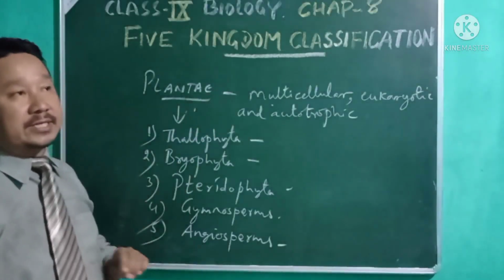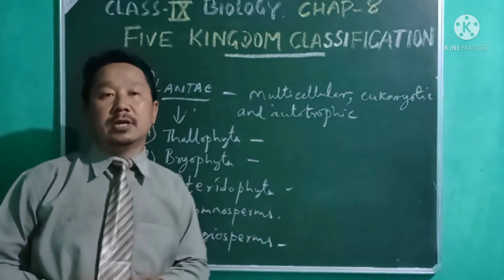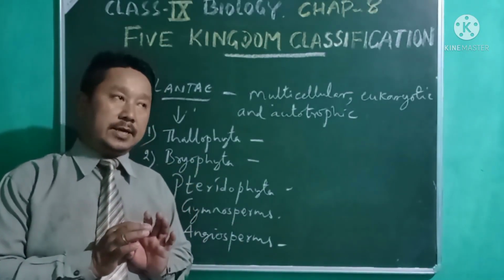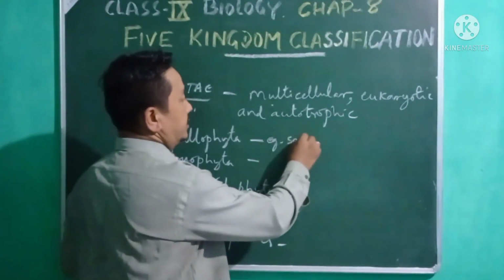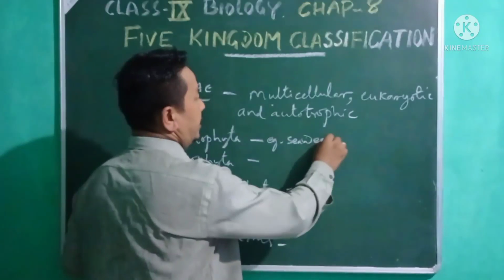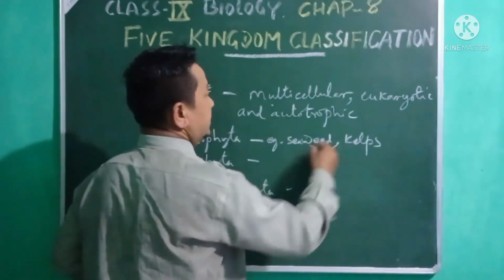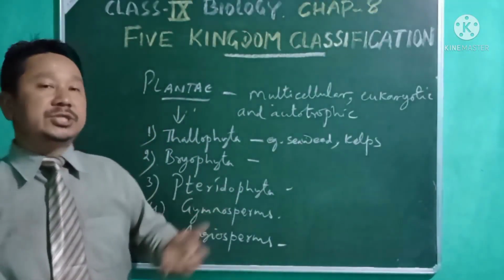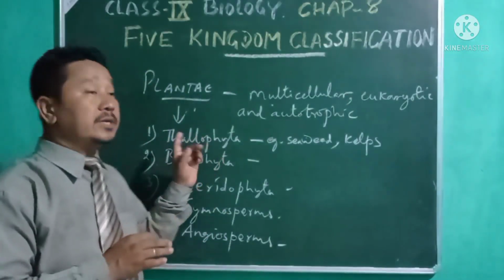Thallophyta means multicellular algae, all multicellular algae. For example, seaweeds and kelps are examples of Thallophyta. That means all the multicellular algae come under Thallophyta.